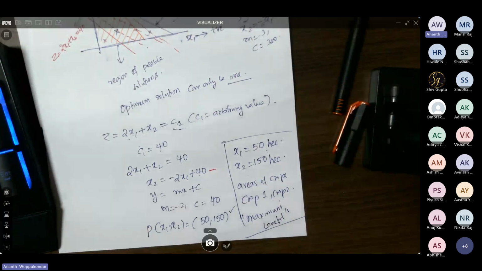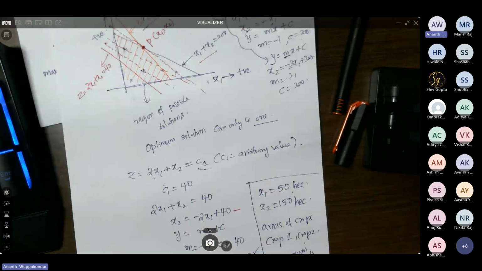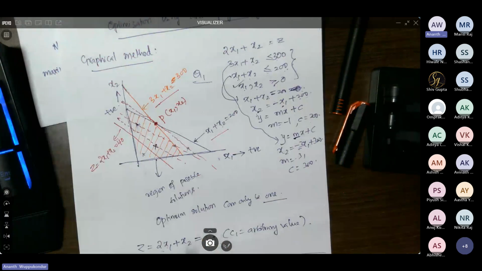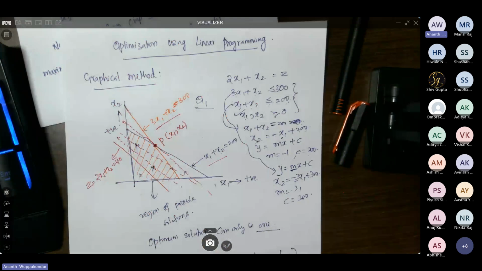So this is how we use the graphical method to optimize a given function with some constraints on it. And in the next lecture, we are going to start on how to optimize a function using the linear programming method. The linear programming method is going to take us a couple of lectures. And once we finish linear programming, then we will move on to dynamic programming.